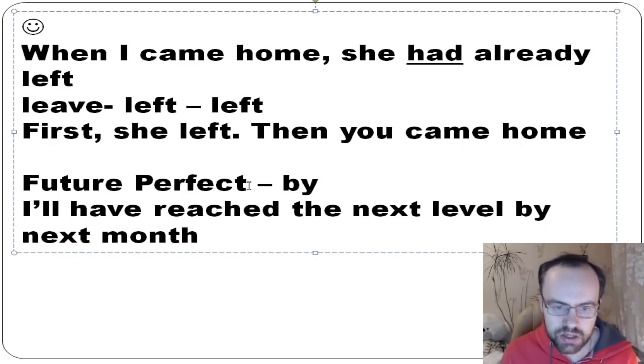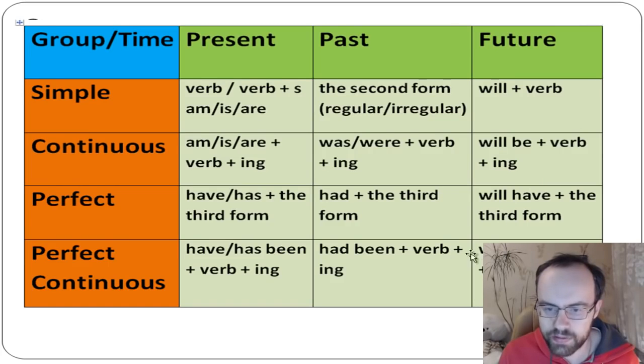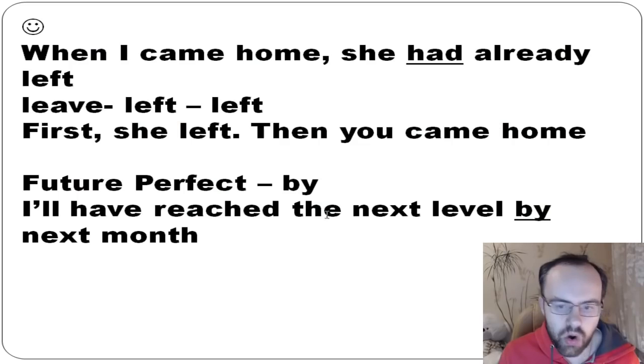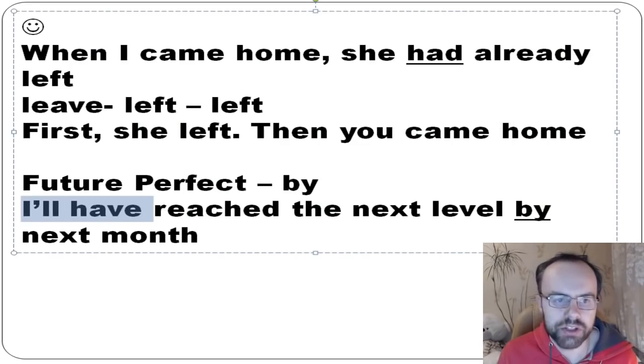This actually short word by tells us that we need to use this tense. And if you look at it, we'll have plus the third form. We'll have, or we mostly use short forms, reached the next level by next month.